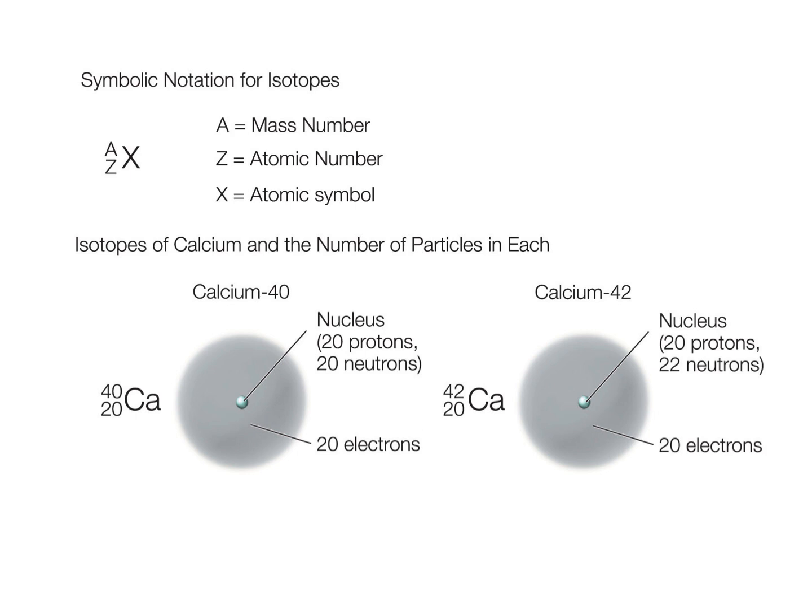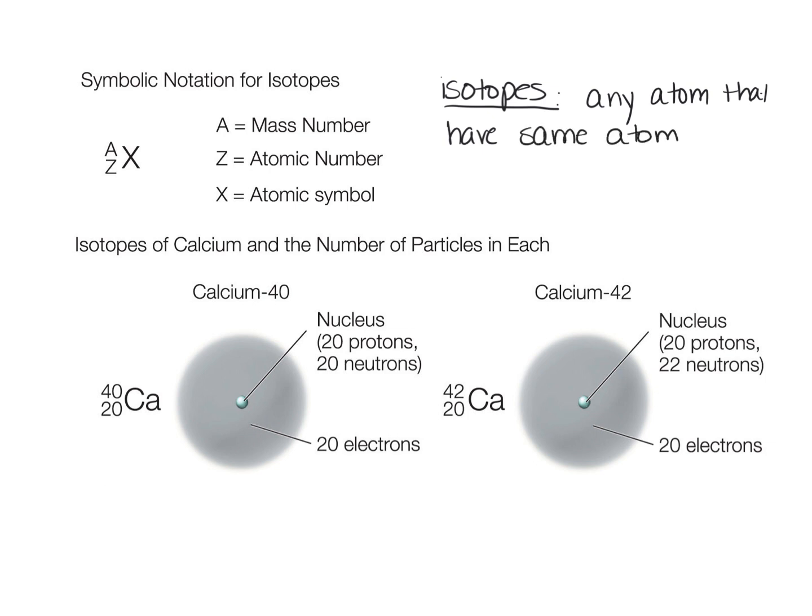So just as a reminder, when we think about the definition of isotopes, these are any atoms that have the same atomic number, but different masses.